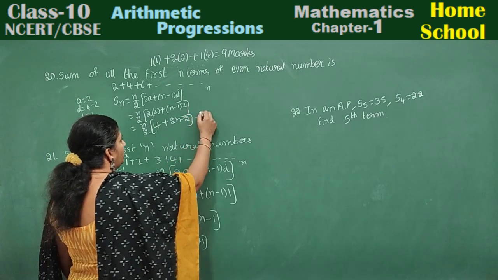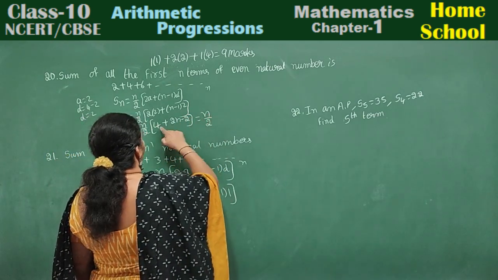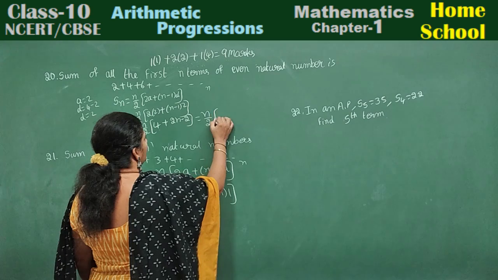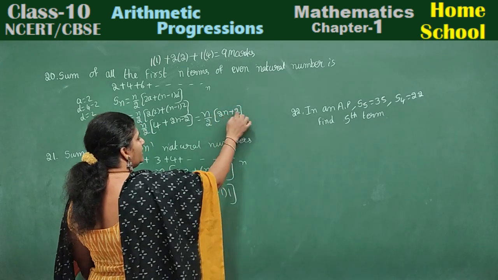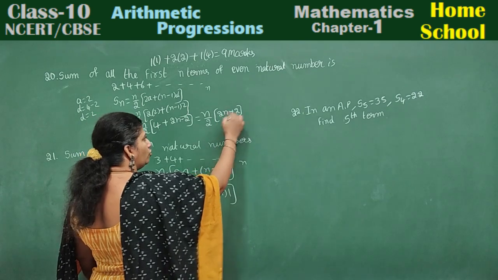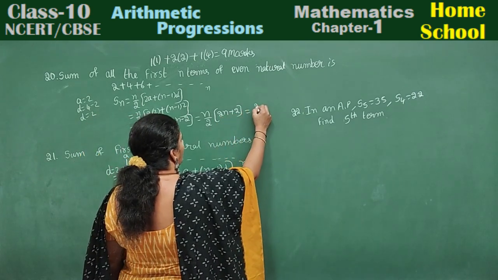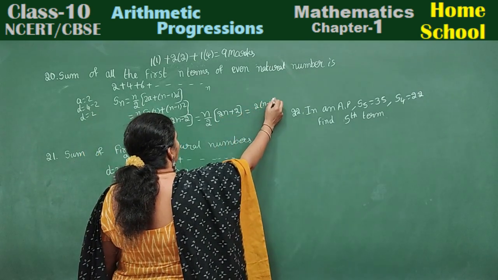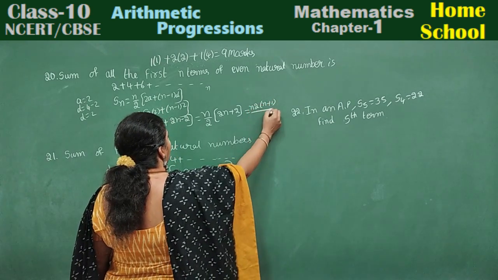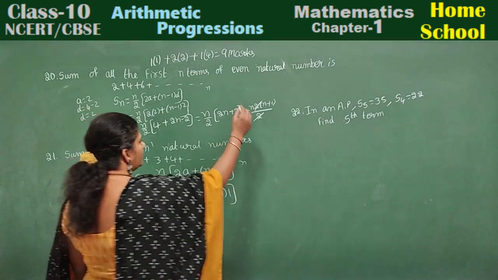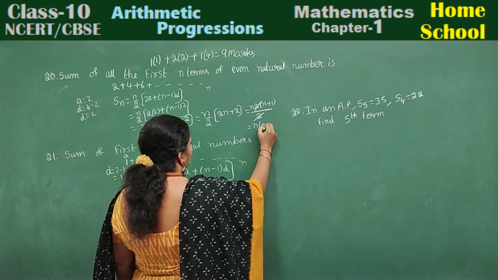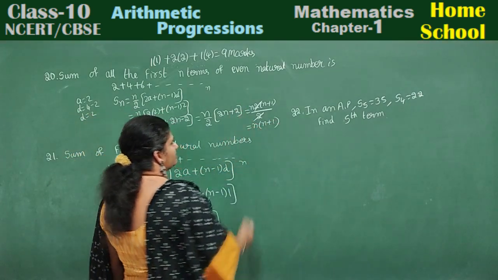That equal to n by 2 into, see here 4 minus 2 will be 2n plus 2. And again in these two I can take out 2 common. So take out 2 common, n plus 1 into n by 2. So this 2 will be cancelled. Then therefore it will be n into n plus 1 is your answer.